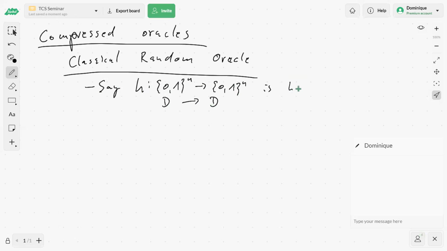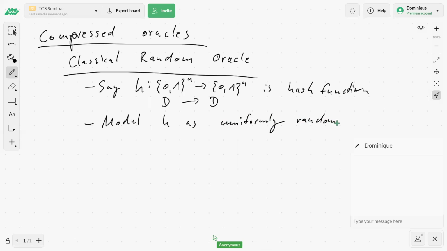So let's say it's a hash function. Now what we do is model this hash function as a uniformly random function, and the adversary is assumed to have access to this function.